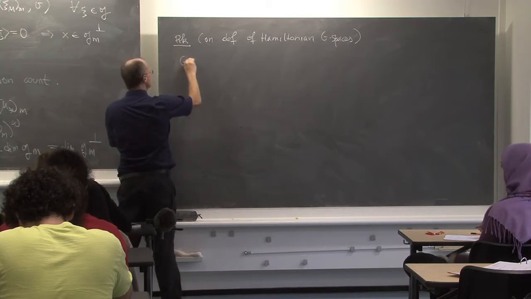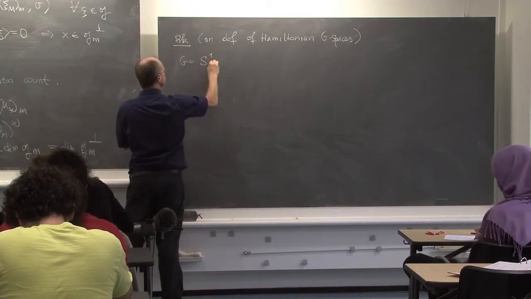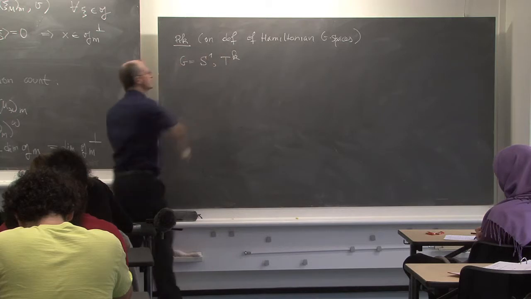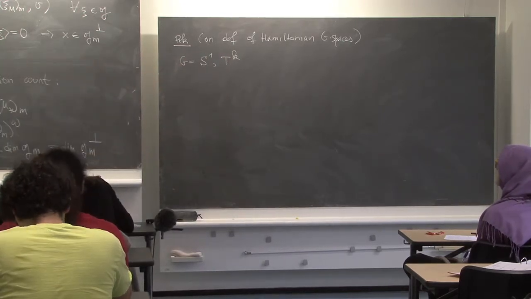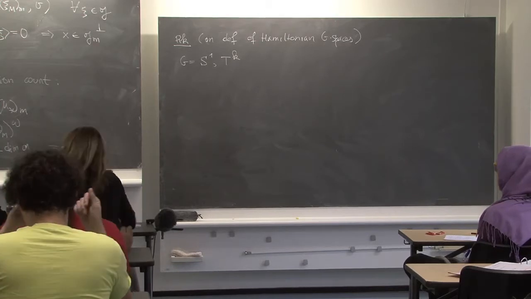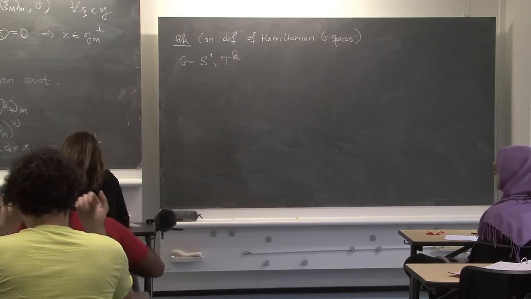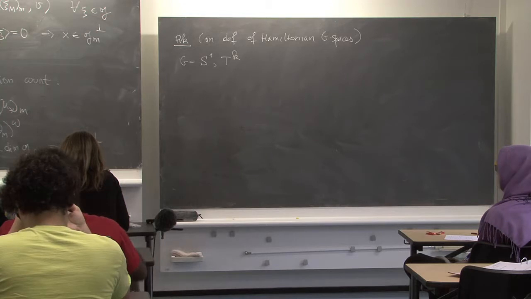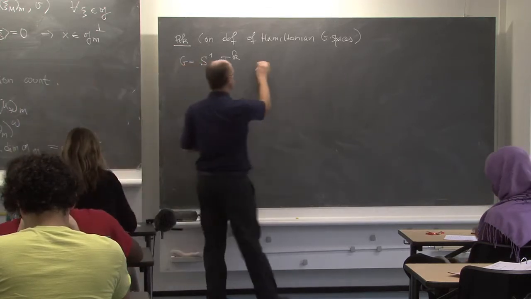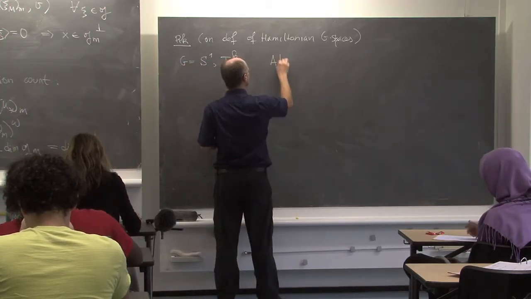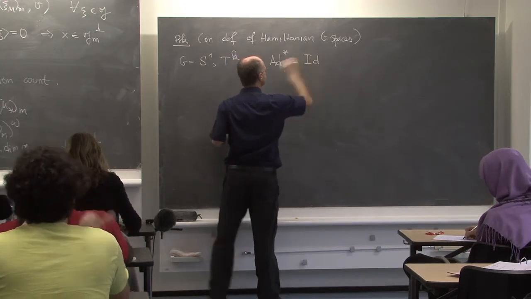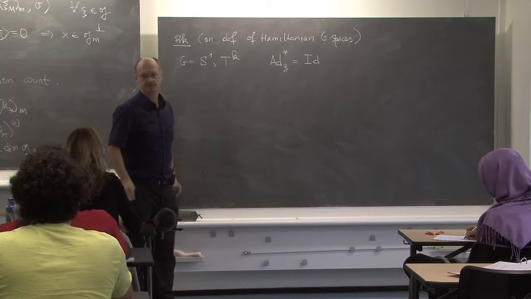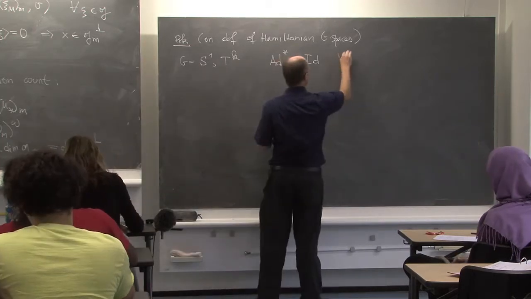So let's take this simplified assumption. So our group is abelian. It's a circle, or maybe it's a torus. So then, one nice thing, as we already discussed, is that the coadjoint action is trivial.